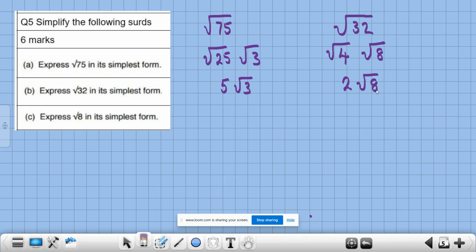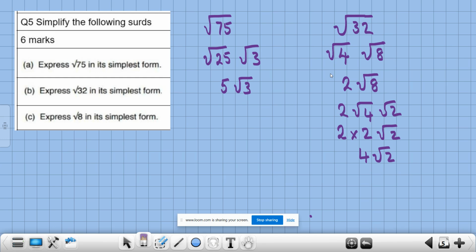And I think that's what a few of you did. However, this is not fully simplified, because root 8 could also be written as root 4, root 2, and then we'd end up with 2, and again we can find the square root of 4, 2 times root 2, so we would end up with 4 root 2. So if you've done just this, you've only partially simplified it.